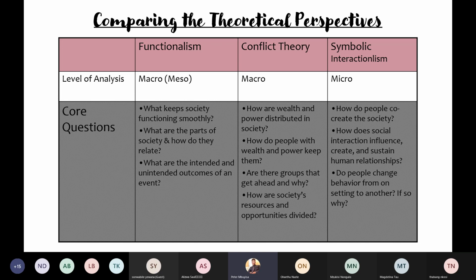And question number 2, how does social interaction influence, create, and sustain human relationships? So we move on to ask how these individuals interact with each other within these institutions in ways that ensure sustainable human relationships and interactions within the institution. So we think about that.